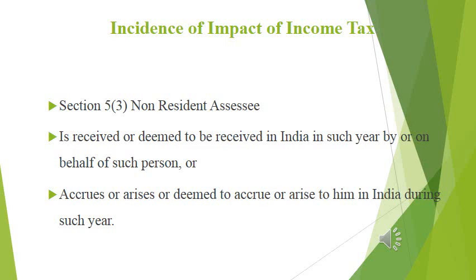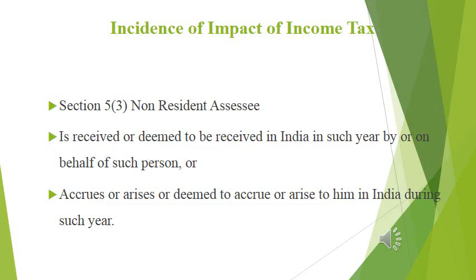Then second point, accrues or arises or is deemed to accrue or arise to him in India during such year. These two categories of income are the same as in the case of resident and not ordinarily resident.